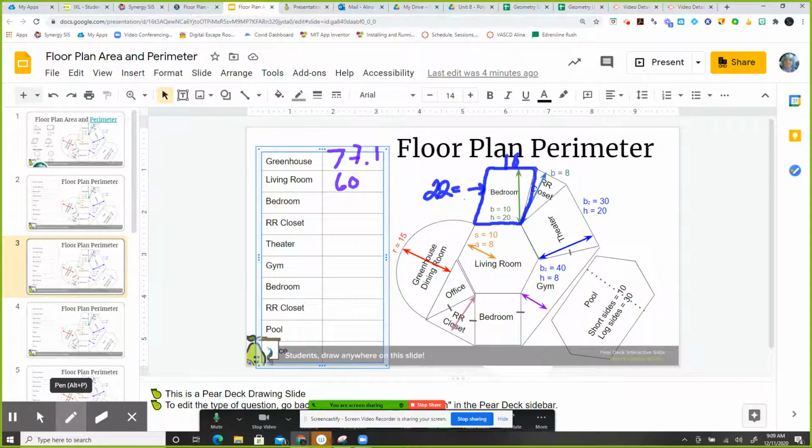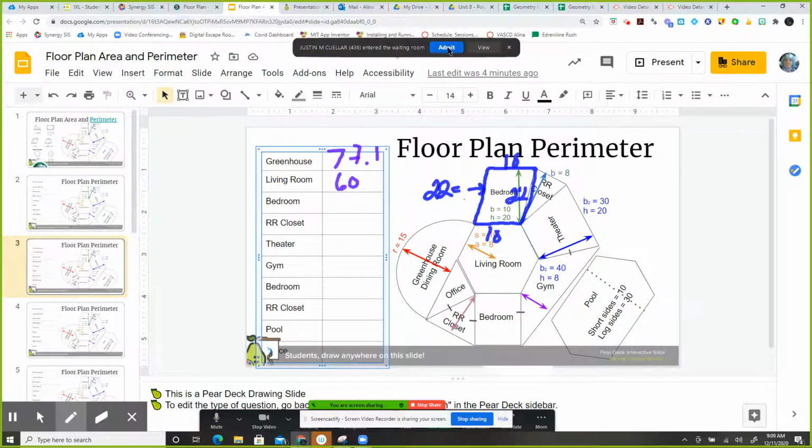Yeah, you would add all of them. So 10 plus 10 plus 22 plus 22 is? It would be 64.